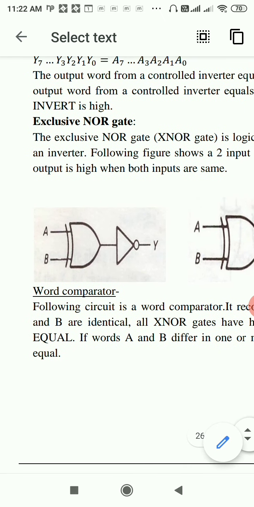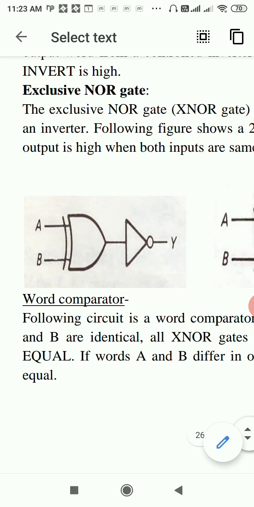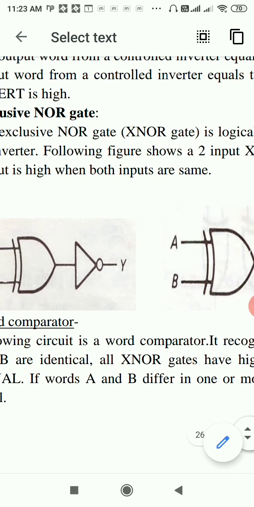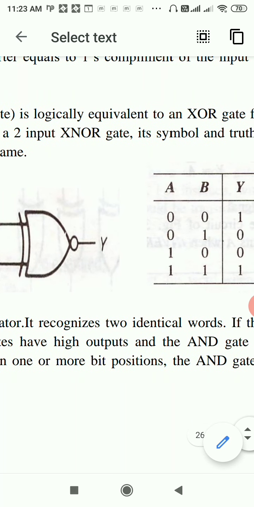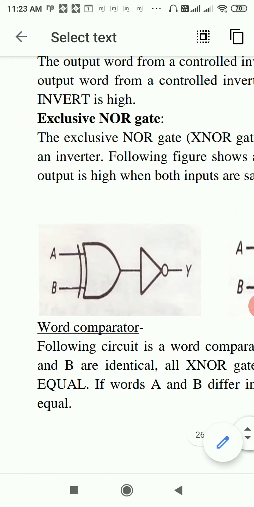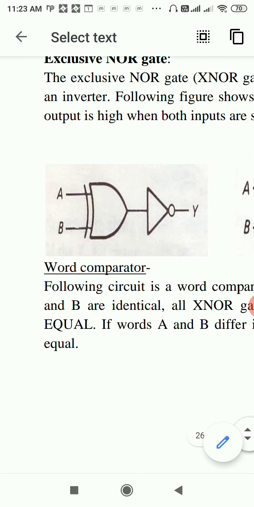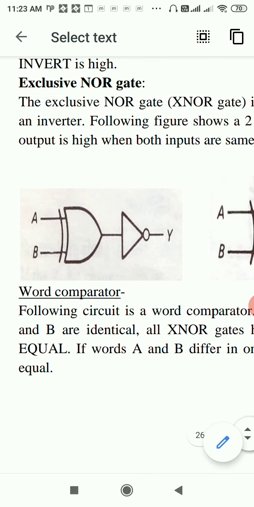Next gate is exclusive NOR gate. Previous one was exclusive OR gate, and now we consider exclusive NOR gate. The exclusive NOR gate, which we write as XNOR gate, is logically equivalent to an XOR gate followed by an inverter. So an exclusive OR gate followed by a NOT gate forms exclusive NOR gate.